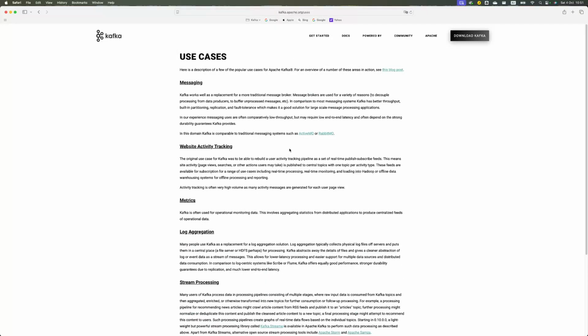The first thing is to understand these use cases and check, okay, this is like my use case, and how I can best use my Kafka. This is the first thing that is important to decide and understand.